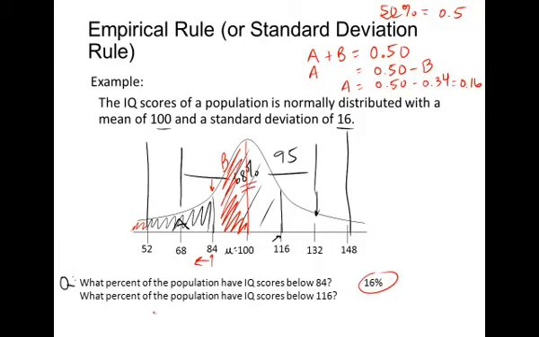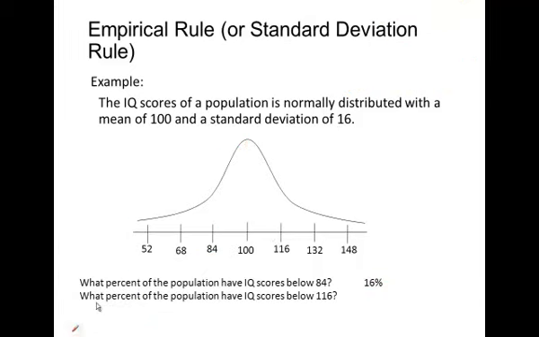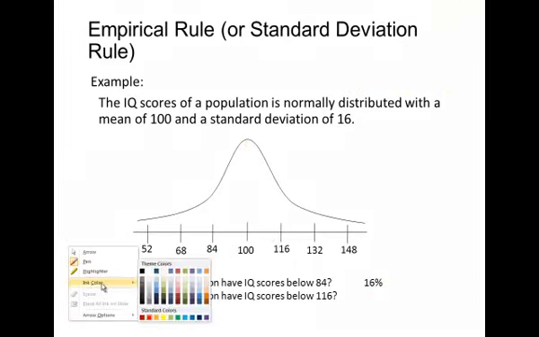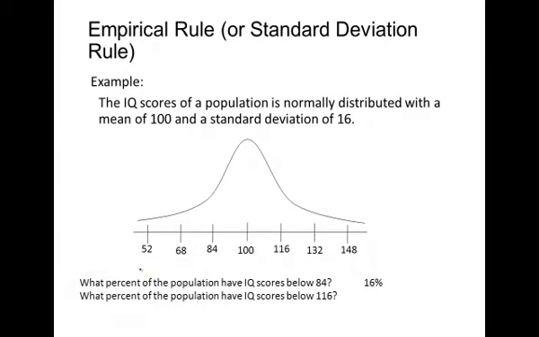What percent of the population have IQ scores below 116? Let me see if I can do a little bit of erasing here. Okay, we'll start over. So below 116 would be all of this.